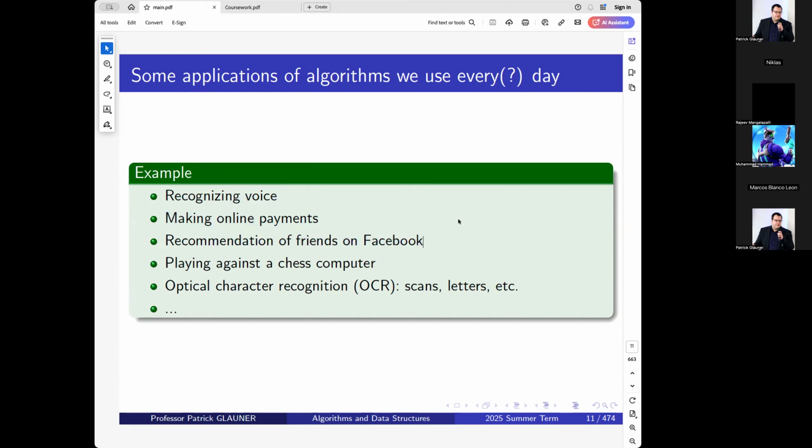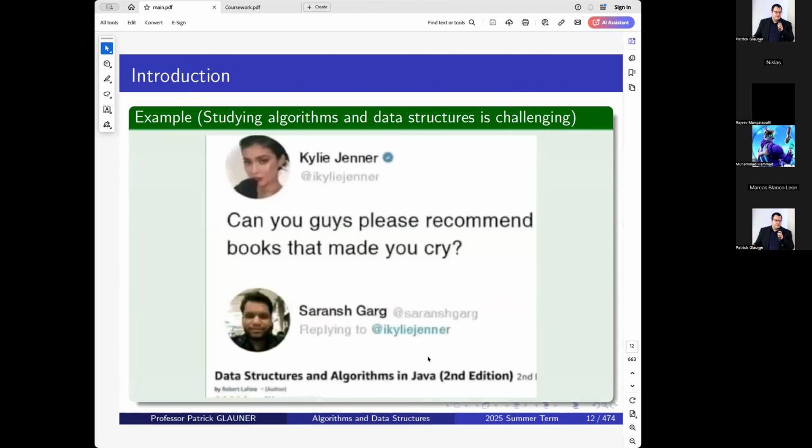We want new friends recommended on social media. We may want to play chess against a computer. We may want to do optical character recognition, like recognizing scans, letters, etc. So all of these are examples of how we deal with algorithms as an end user every day.